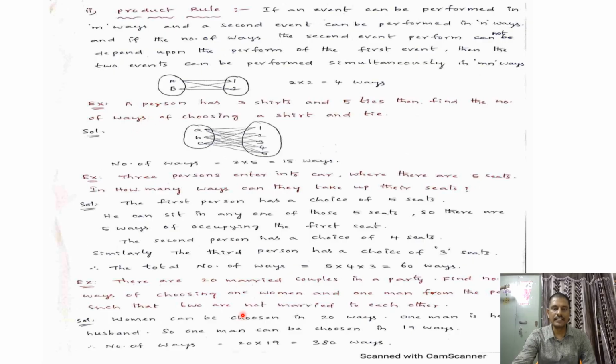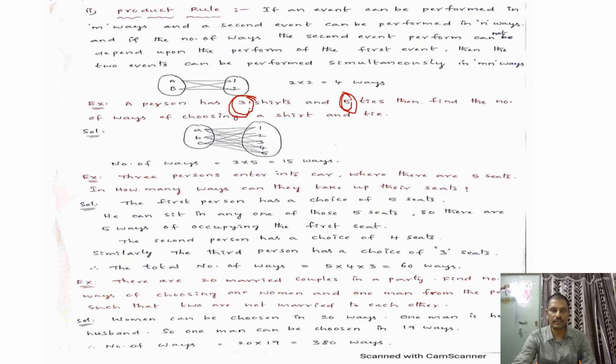A person has 3 shirts and 5 ties. Find the number of ways of choosing a shirt and a tie. That means he can select a shirt from 3 shirts in 3 ways, and he can select a tie from 5 ties in 5 ways.